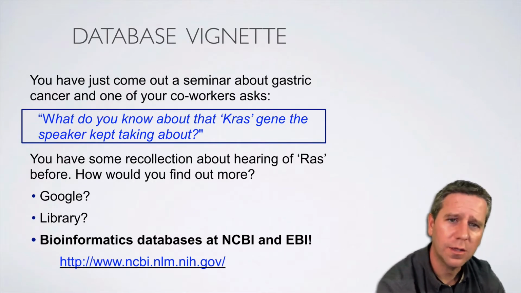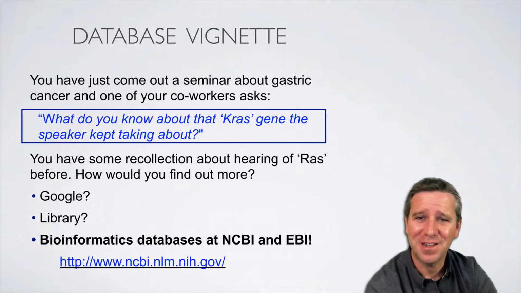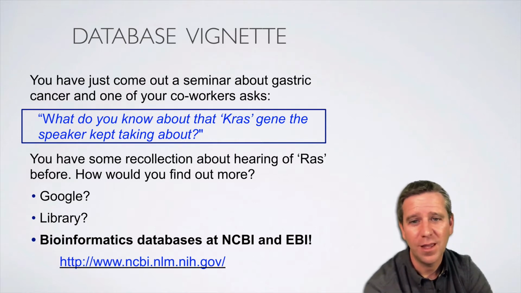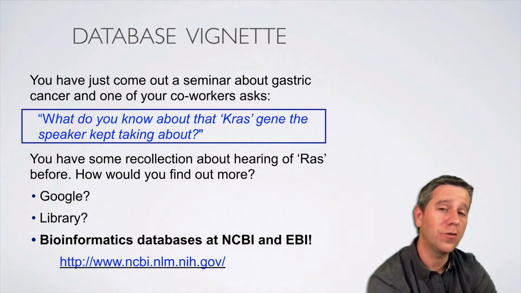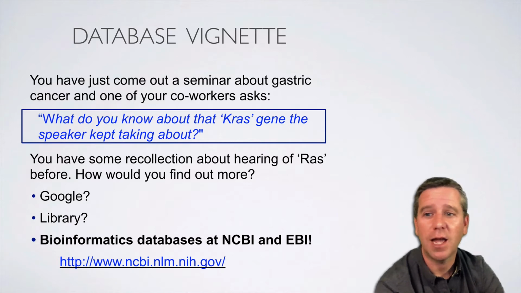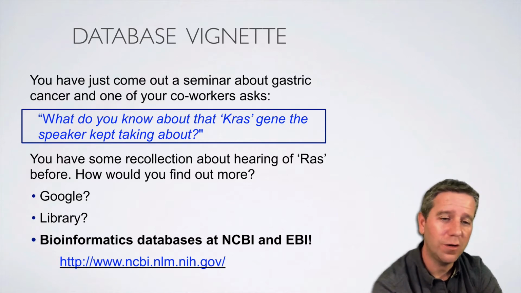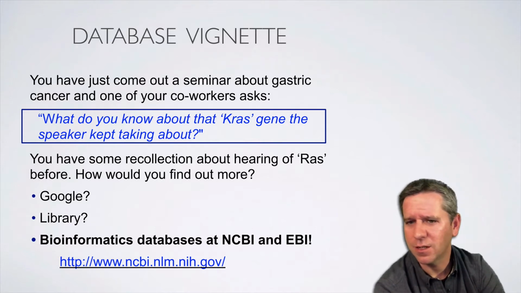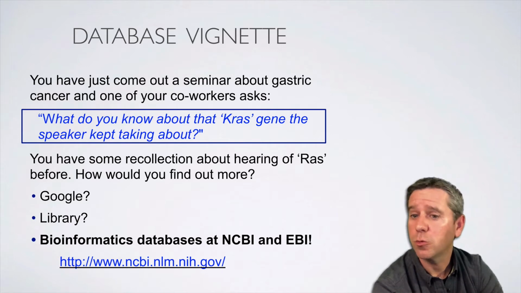Okay, so let's explore some of these databases. Let's do one of these little vignettes. So let's imagine for a minute, if you bear with me, that you've just come out from a seminar, you've heard an online talk, or you've read a paper, and it was about gastric cancer, let's say. And then one of your colleagues, one of your buddies, or a coworker asks, oh yeah, what do you know about that gene, let's say it's KRAS, that the speaker was talking about?